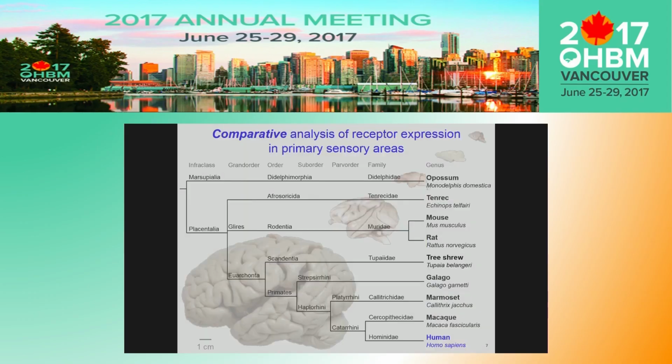The next question that we asked ourselves in this study was if this characteristic pattern is evolutionarily conserved. In order to do this, we examined, apart from the human brains, the brains of 8 other species from different families, animals that are commonly used as models in neuroanatomical research.